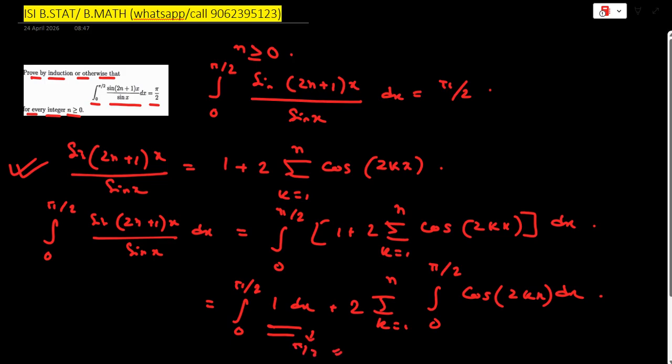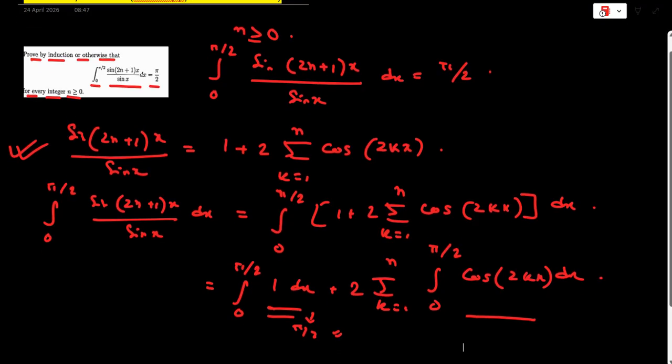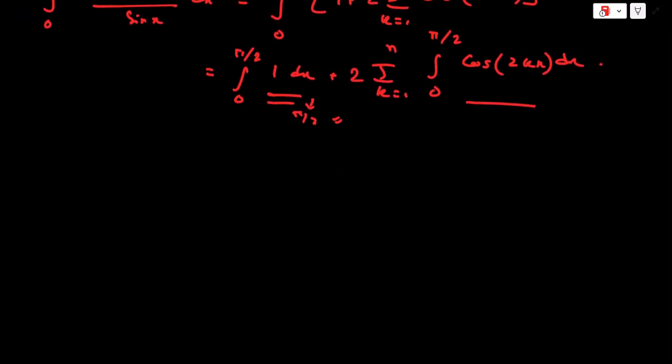Now look at the integral from 0 to pi by 2 of cos 2kx dx. We compute. This is basically sin 2kx by 2k from 0 to pi by 2.